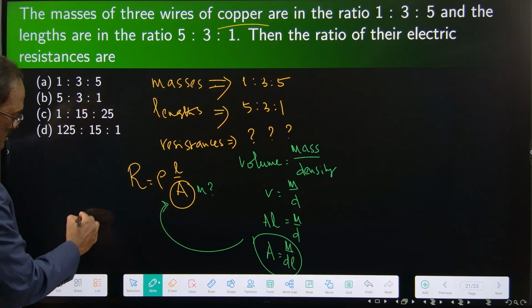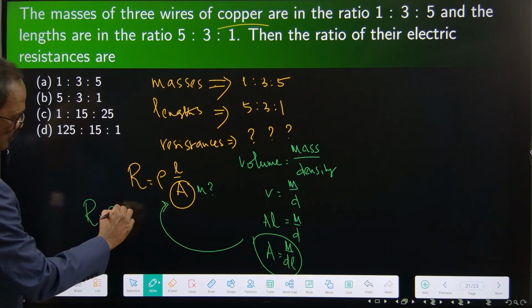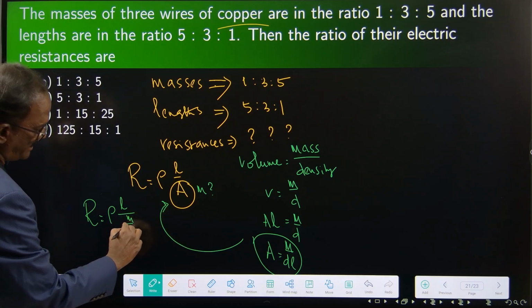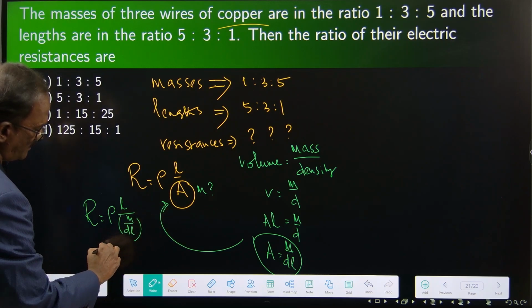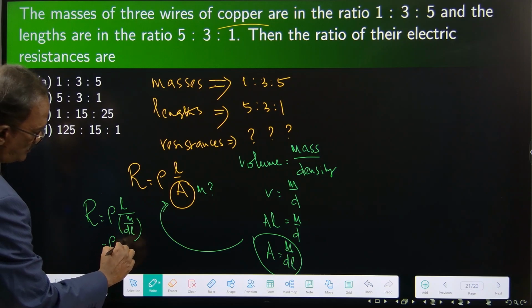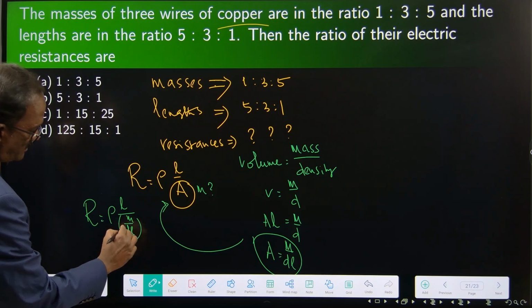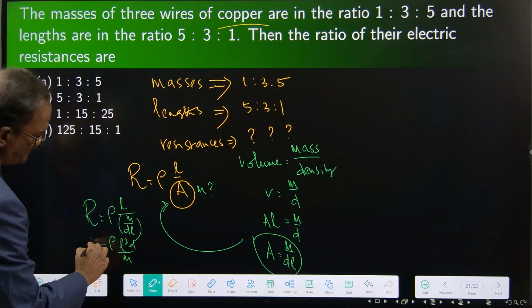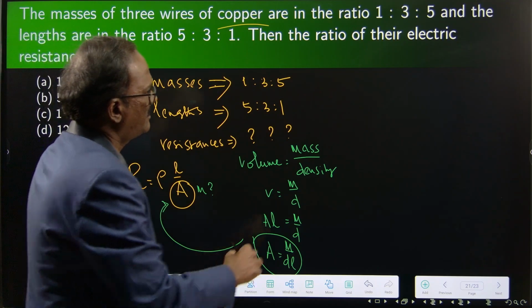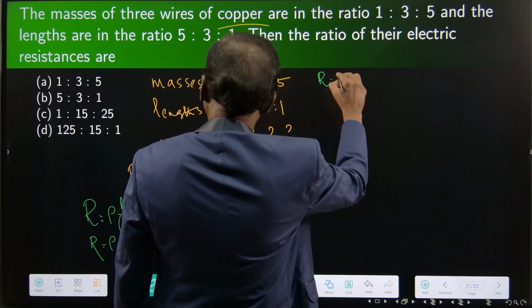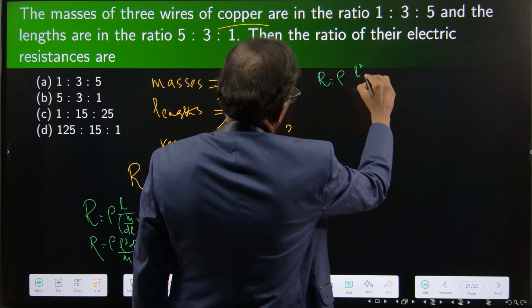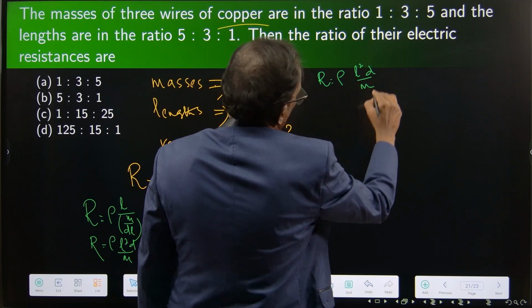So now R is equal to rho L upon m divided by dL. This will be rho L square d by m. R is equal to rho L square d by m.